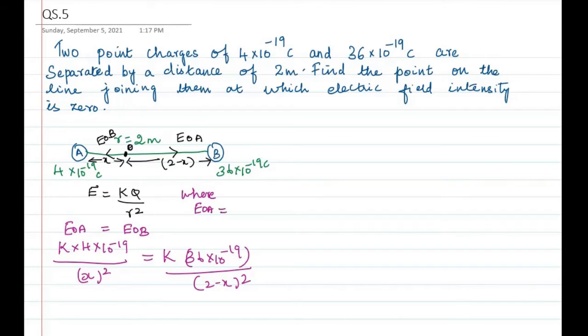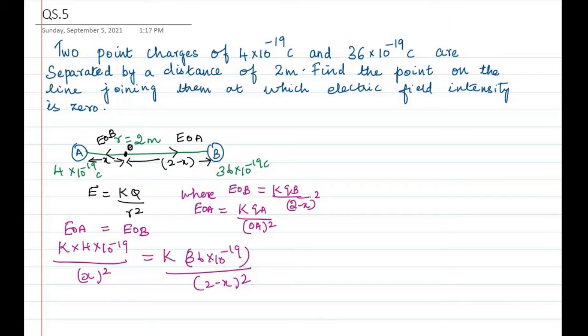For QB you have the value 36 into 10 to the power of minus 19. Just substitute it here.